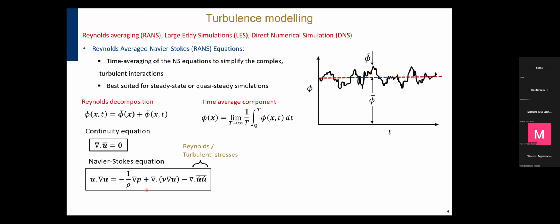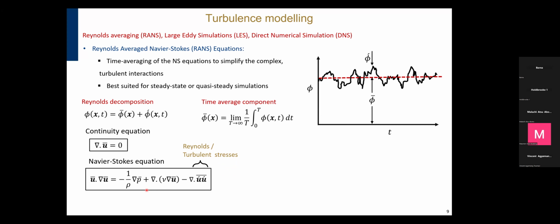It looks like by just doing time averaging, there is a challenge here, which is that because of the time averaging, we end up with extra terms, which are the Reynolds stresses or the turbulence stresses. You need to find equations for those.